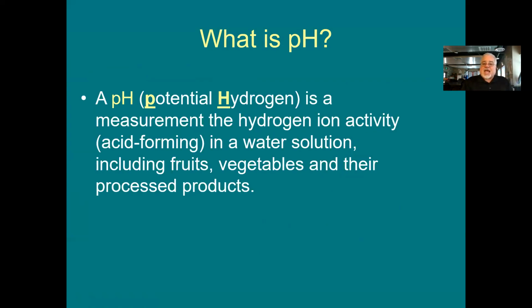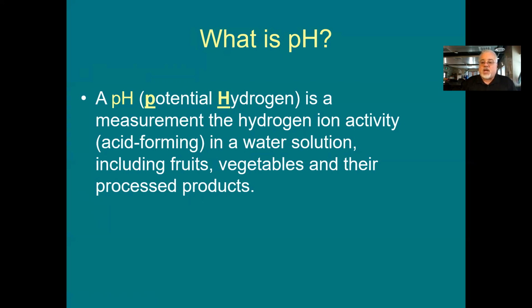So what is pH actually? pH is called potential hydrogen. More specifically, it's the hydrogen ions we're talking about. What is the acid potential of these hydrogen ions based on the ionization of materials in that liquid solution? We're always talking about a water solution when we're talking about pH.